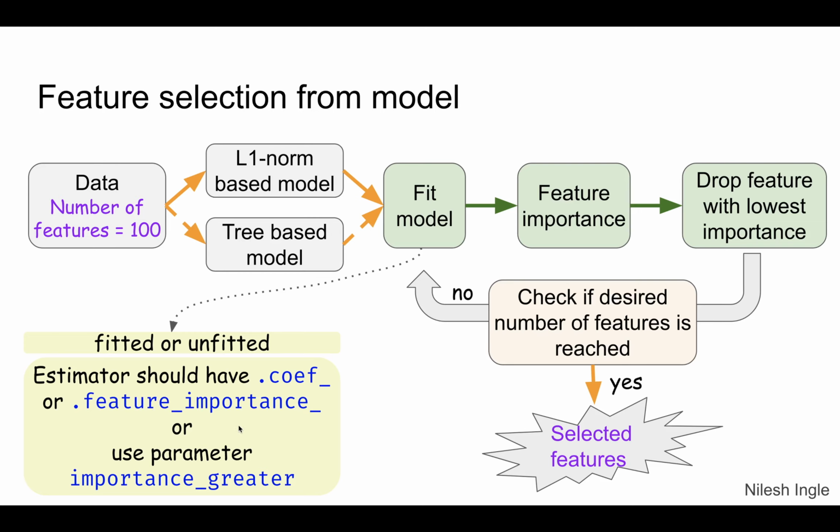Else, if it's not there, then the suggestion is to use the importance getter parameter while running the feature selection in this method. Again, calculate the feature importance and drop the features with low importance, and iterate through this until the final desired number of features is reached, and then those are the selected features from the total number of features.